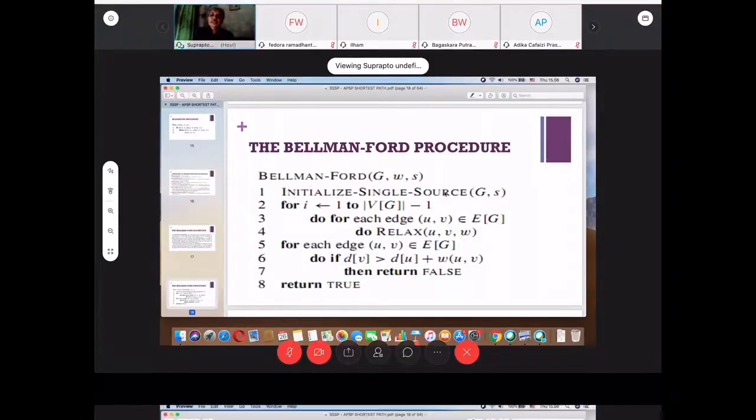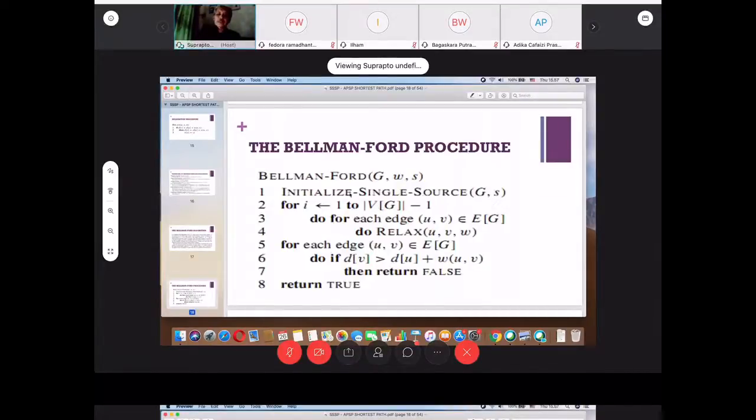So the number of the loop, according to this, is from 1 to the number of vertices in the graph minus 1. Minus 1 because S is excluded, right? So only the number of vertices in the graph minus 1, except S.